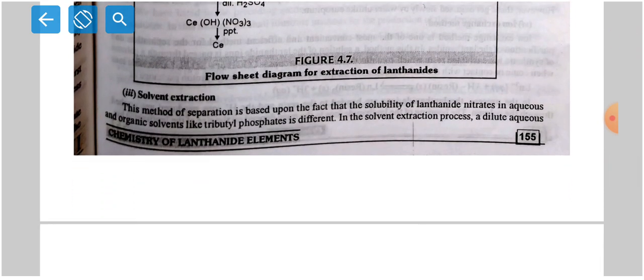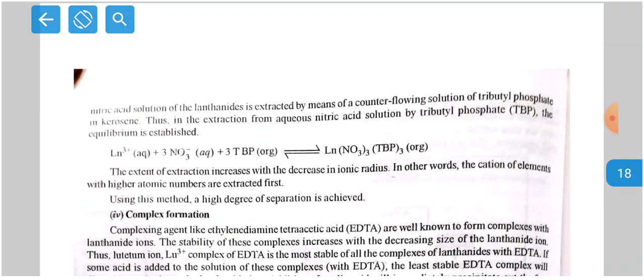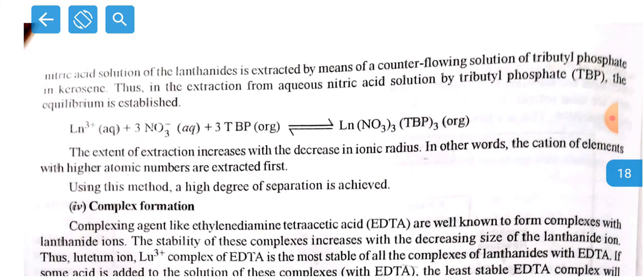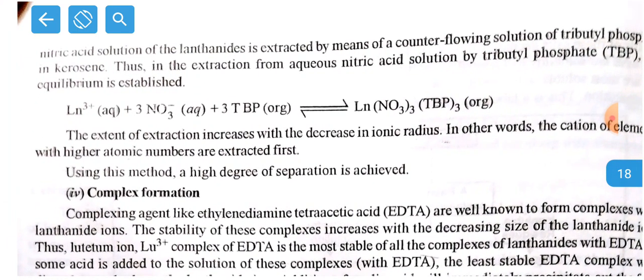Solvent extraction. This method of separation is based on the fact that the solubility of lanthanoid nitrate in aqueous and organic solvents like tributyl phosphate is different. In the solvent extraction process, a dilute aqueous nitric acid solution of the lanthanoid is extracted by means of a counterflowing solution of tributyl phosphate in kerosene.